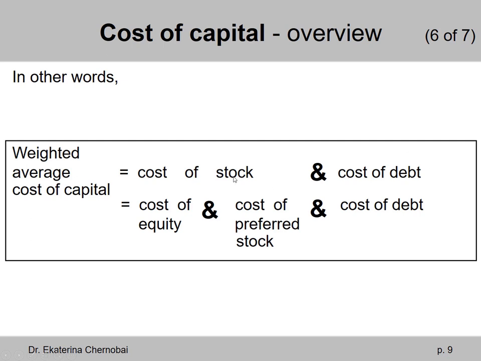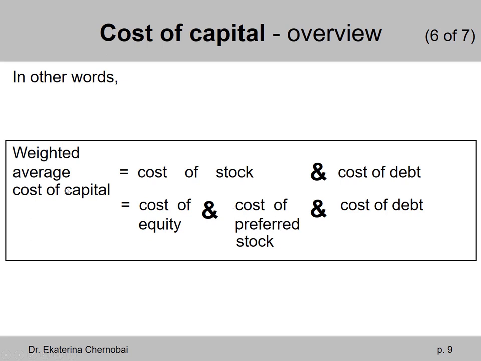First, let's expand it a little bit. Cost of stock. Is there just one type of stock that a firm can sell? No. From one of our earlier chapters, which was chapter 8, in which we looked at stocks, you may remember that there are two types of stock. One called common stock or equity, and the other one is called preferred stock, which has preference over common stock shares in paying dividends to the investors.